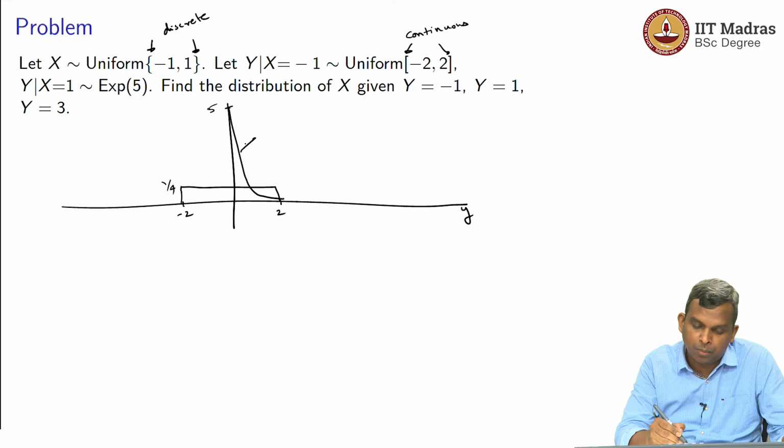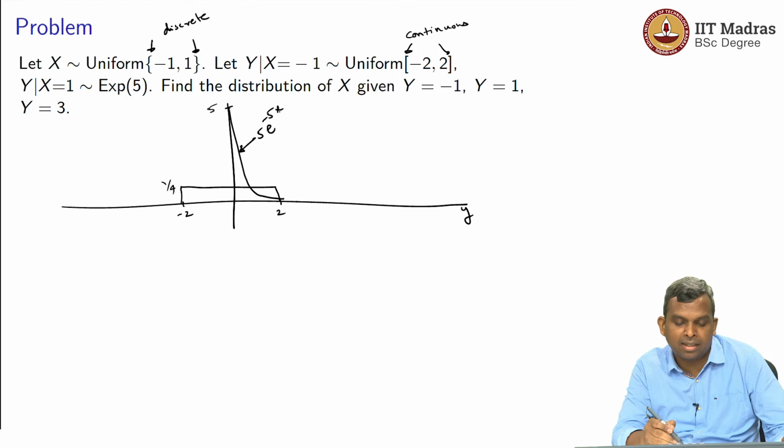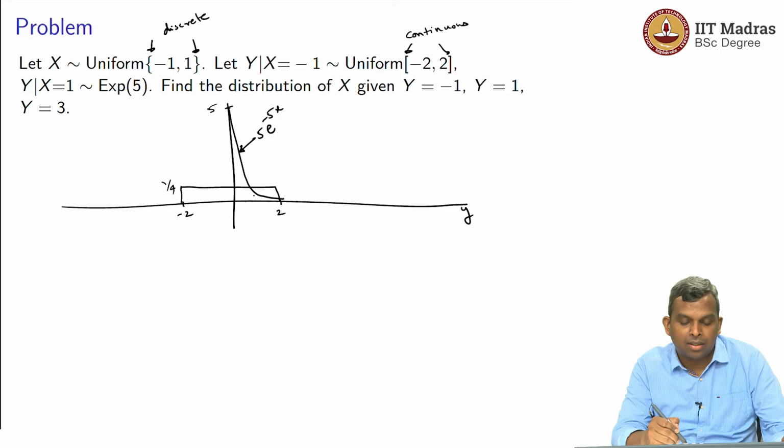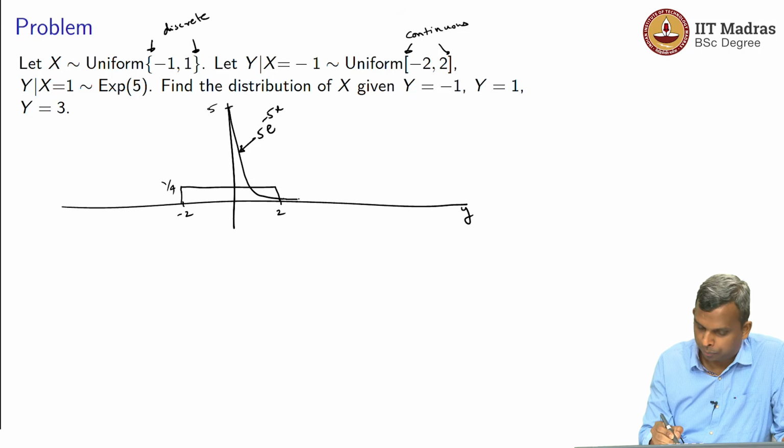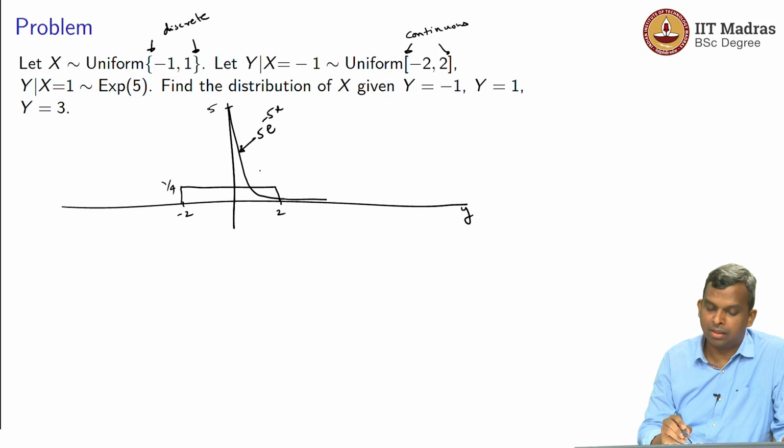This is 5 e power minus 5x. Notice when x is 1 itself, it's crossed it. You can find out when it will be 1/4; it will be somewhere around there. But it'll keep going. So these are the two conditional densities, and if x of course takes value -1 and +1, that's not too relevant.